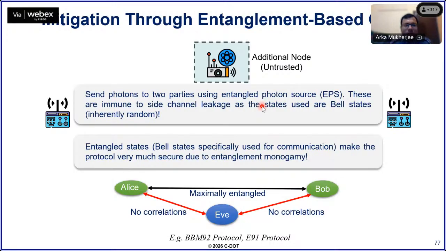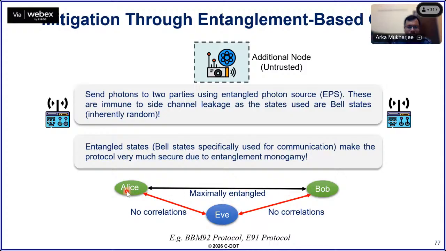These entangled states make this protocol very secure due to entanglement monogamy. What does entanglement monogamy mean? Suppose there are two particles and they are entangled. If they are completely entangled, that is called maximally entangled, then there cannot be any correlation with any third party.